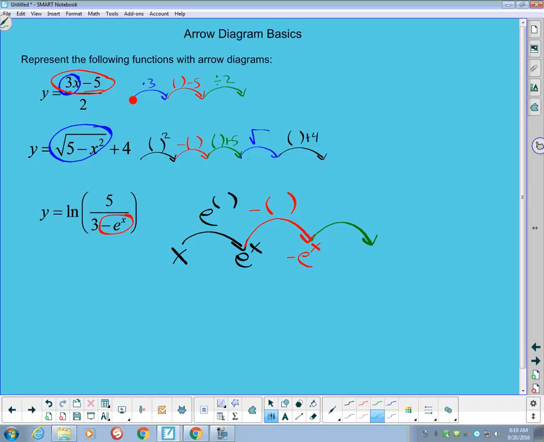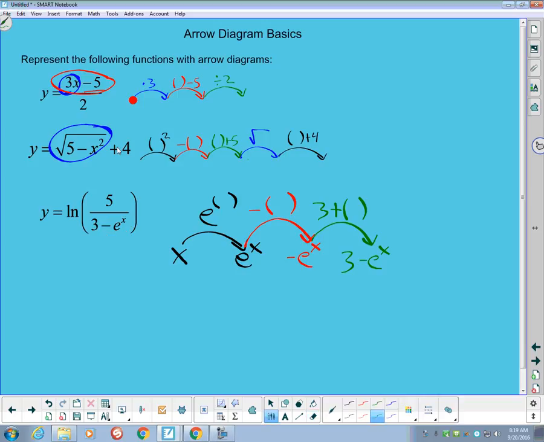And then we are going to add 3, which we could represent as 3 plus, with this set of parentheses there. We have a little bit of freedom in how we do that, so that becomes 3 plus negative e to the x.